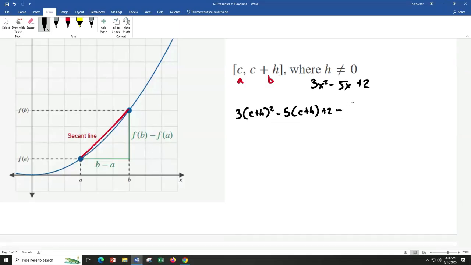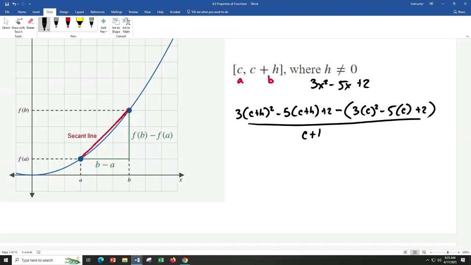And then I hit the minus and I put me a big parenthesis again, right? And then I've got 3 times C squared minus 5 times C plus 2, all over, well, C plus H minus C. What's going to happen to those C's on the bottom? Yeah, these guys cancel out.